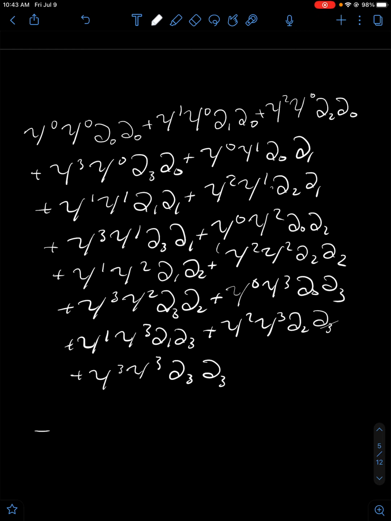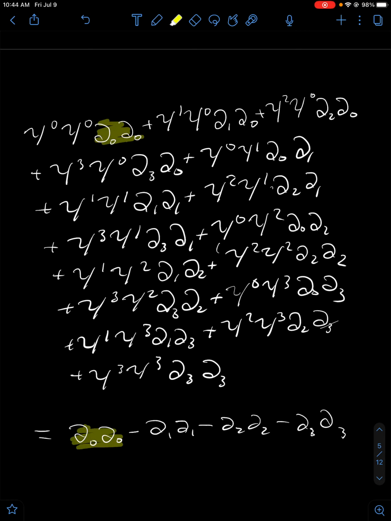So this has to be equal to partial not minus partial 1 minus partial 2 minus partial 3. And we actually see partial not right over here. And we see partial 1 right over here. And we see partial 2 right over here. And we see partial 3 right over here.